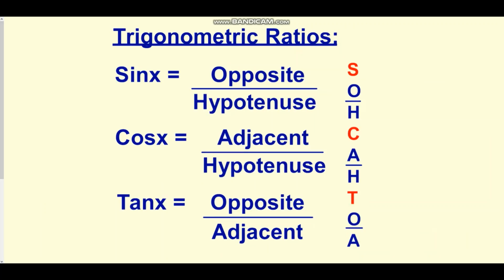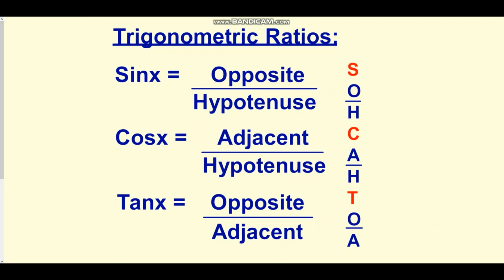Okay, so as well as the right angle triangle having three different side lengths with different names, the trigonometric ratios can be found by using those side lengths in certain ways. Ratios are just, remember, one thing divided by another in equal proportions. So sine x is equal to the opposite side length divided by the hypotenuse side length.